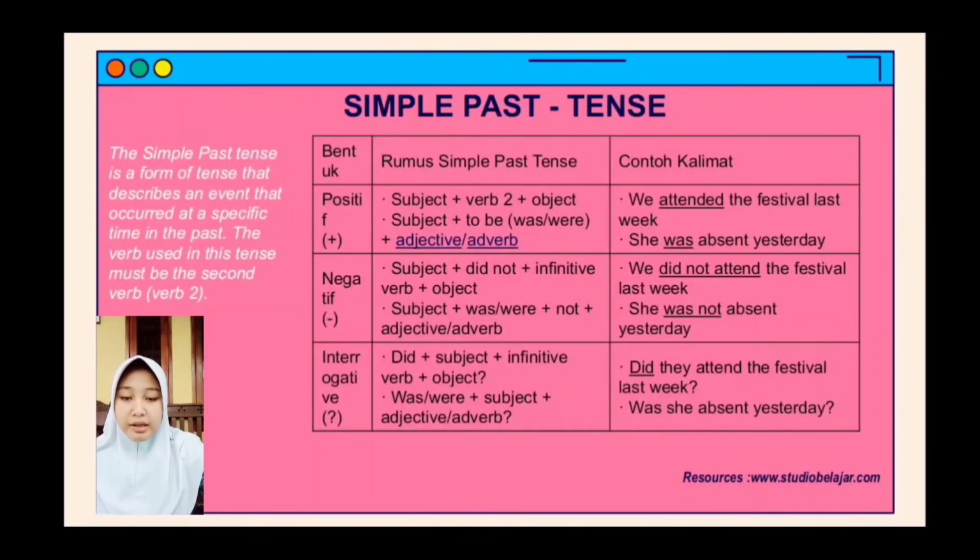The interrogative form is did plus subject plus infinitive verb plus object. The example is, did they attend the festival last week? It can also be was or were plus subject plus adjective or adverb. The example is, was she absent yesterday?